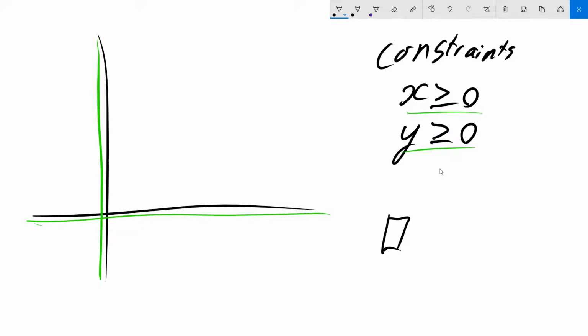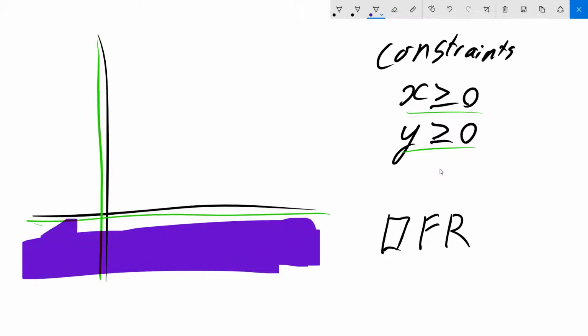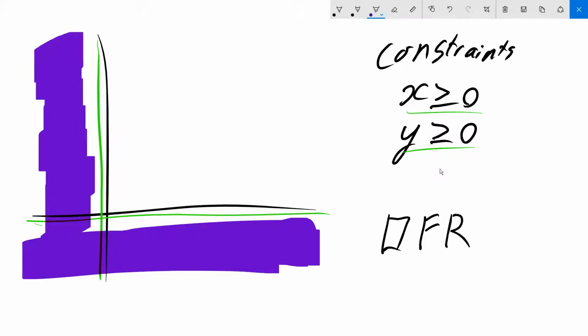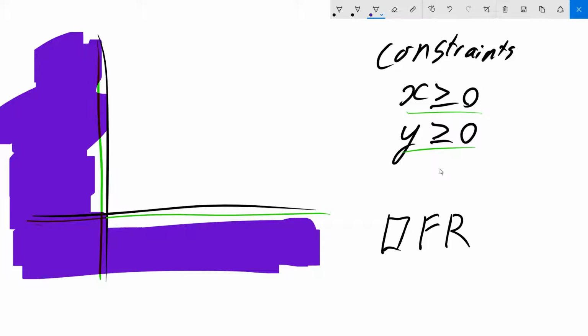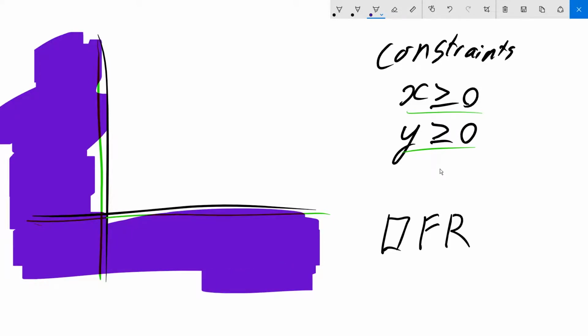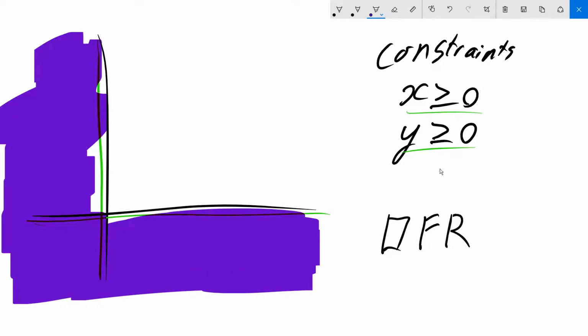And instead of region required, we're going to have a feasible region, or FR for short. So our feasible region is going to be everything that's left blank. So all of this space here that doesn't solve the equation is going to get colored in, like so.